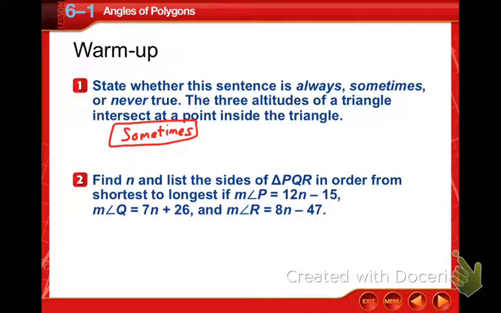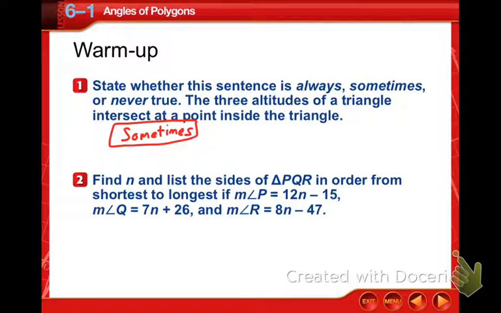Now, number 2 is a bit more complicated than that. It says to find n and list the sides of triangle PQR in order from shortest to longest if the measure of angle P is 12n minus 15, the measure of angle Q is 7n plus 26, and the measure of angle R is 8n minus 47.